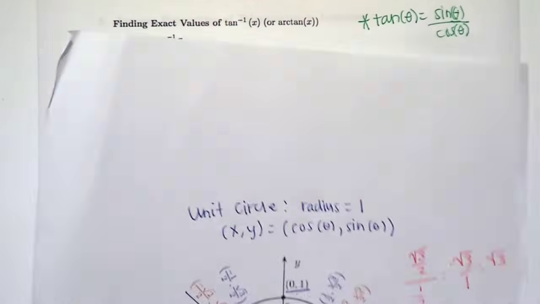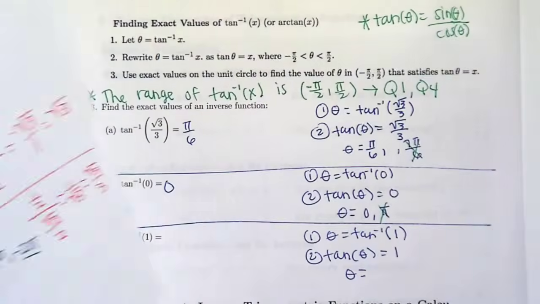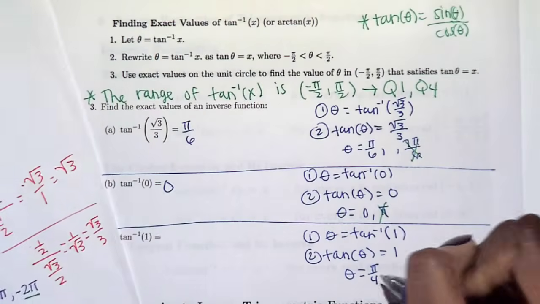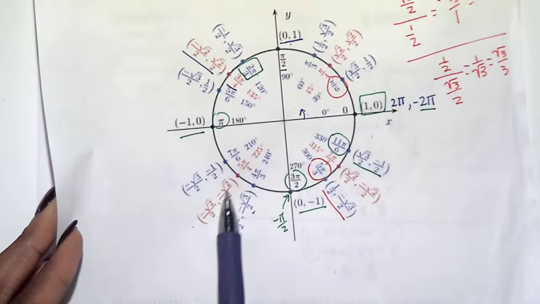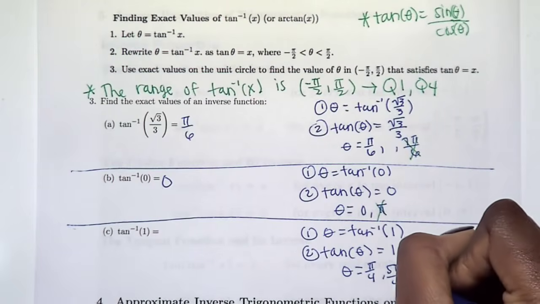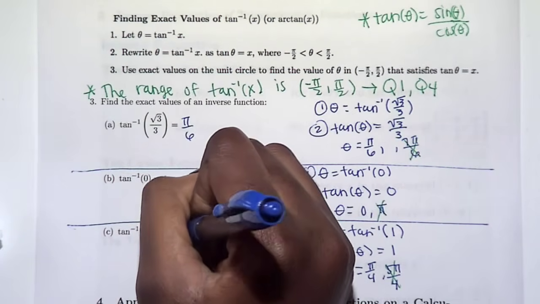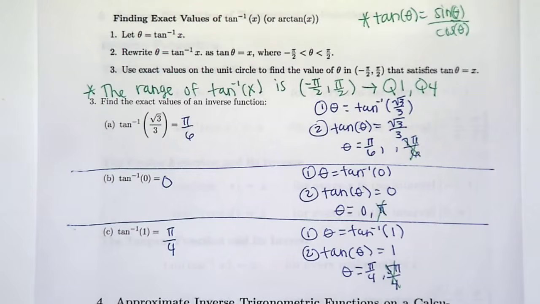So we want to find all the places where sine is equal to cosine, happens at pi over 4, also happens at 5 pi over 4. Only one of them is in the appropriate quadrant. So we're going to go pi over 4 as our answer.